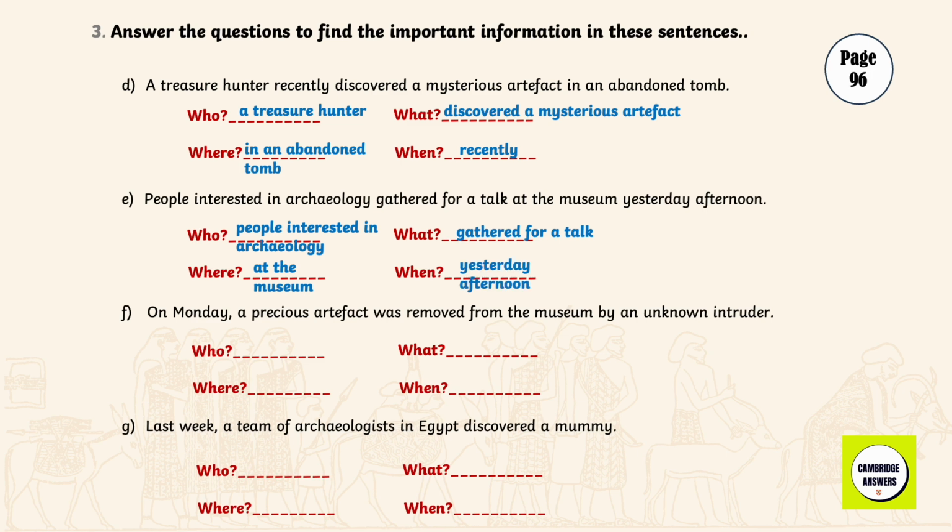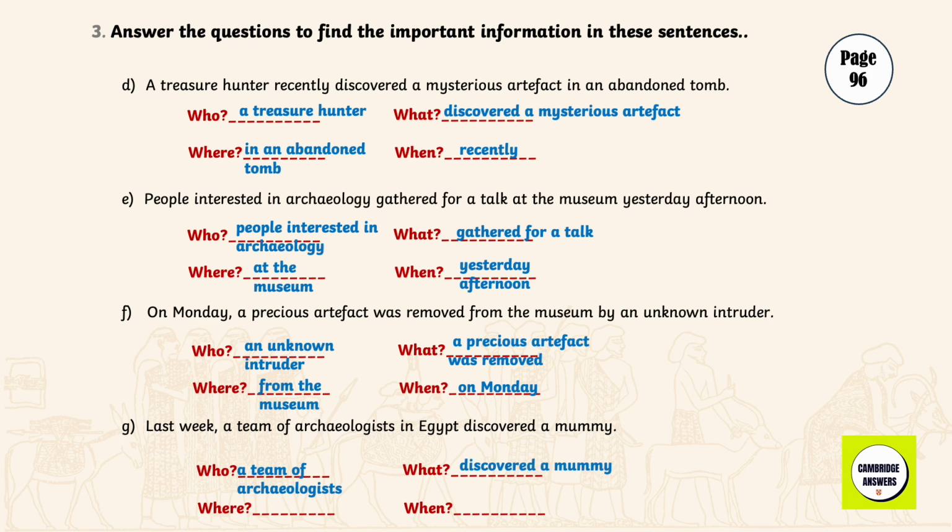When, yesterday afternoon. On Monday, a precious artifact was removed from the museum by an unknown intruder. Who, an unknown intruder. What, a precious artifact was removed. Where, from the museum. When, on Monday. Last week, a team of archaeologists in Egypt discovered a mummy. Who, a team of archaeologists. What, discovered a mummy. Where, Egypt. When, last week.